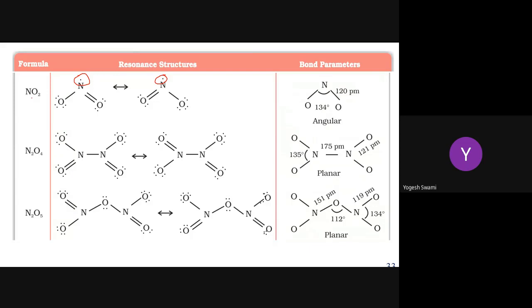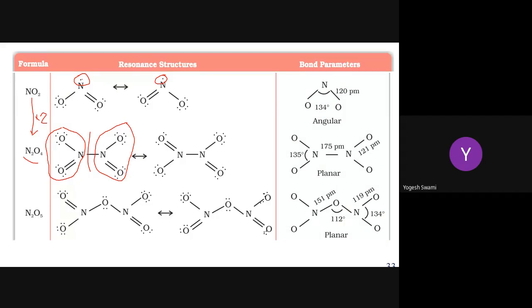Now N2O4. I told you a little while ago, when we multiply this NO2 by 2, we get N2O4. Look, this one is NO2 and this one is another NO2. So we can say that NO2 is dimerized in the case of N2O4. Now the question again arises: why is NO2 dimerized? Because of the presence of one unpaired electron.